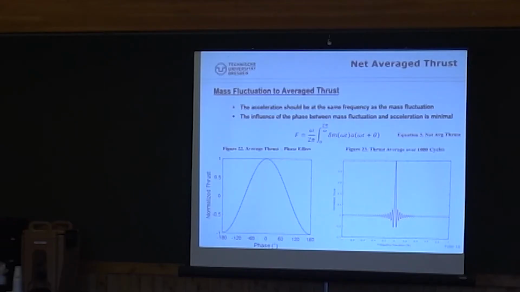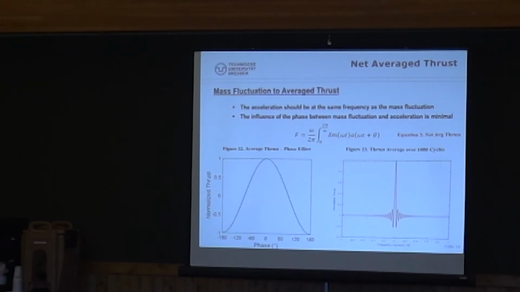So if you do consider a thrust which is made from a mass fluctuation, wherever it comes from, you need an acceleration, and you would need this acceleration to be exactly at the same frequency as the mass fluctuation, which is shown in this graph.